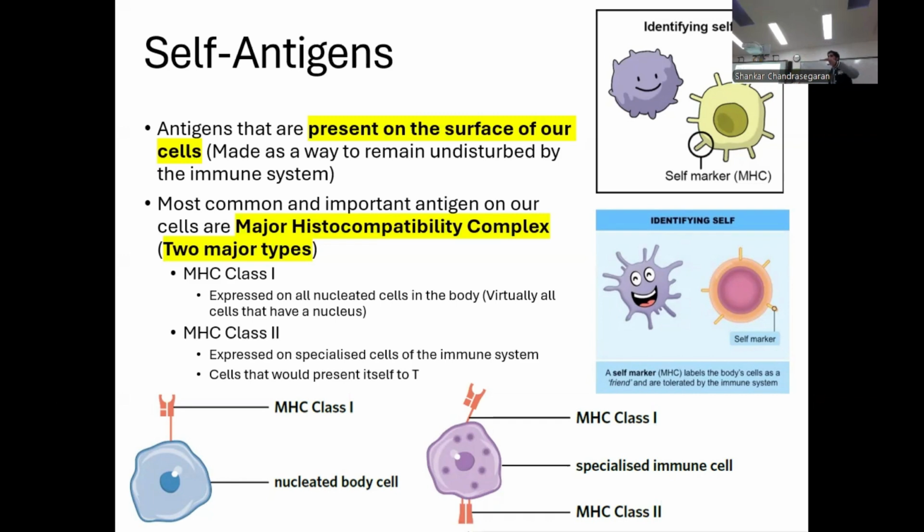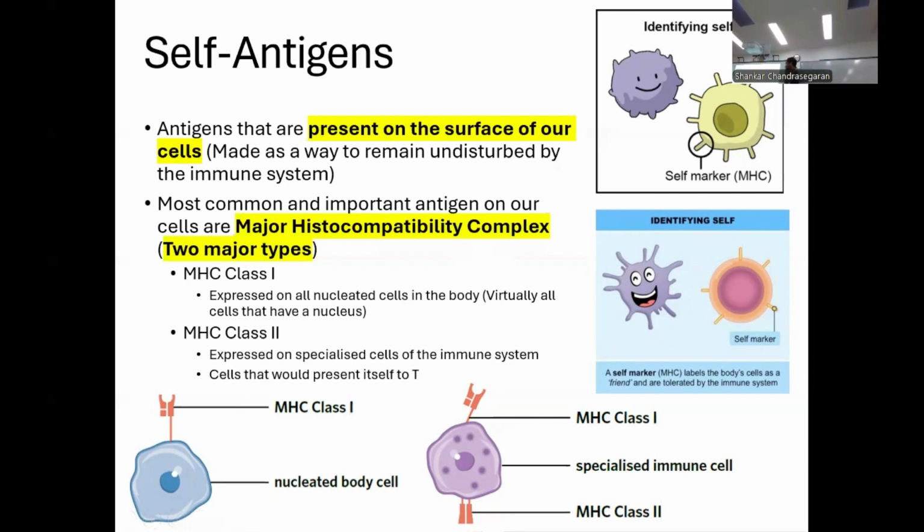It is on the surface of all the nucleated cells, basically all the cells with a nucleus. They have these markers on their surface, and as a result, they will be recognized by any immune system response as our own self. So that is how our body recognizes it most straightforwardly, using the MHC class 1 markers, right?